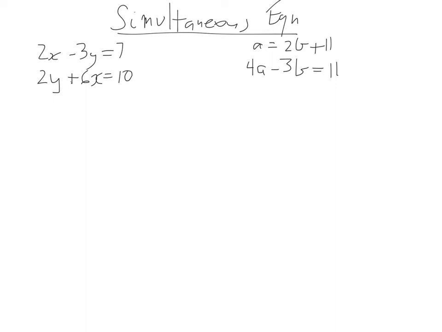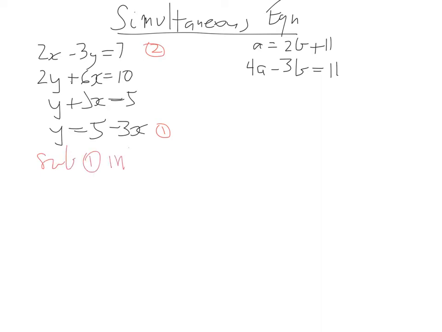So we can rewrite it as y plus 3x equals 5, and then from there y will equal 5 minus 3x. So then we've got equation number 1 and equation number 2, and we're going to sub 1 into 2.